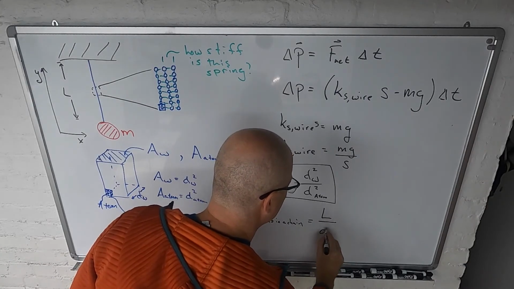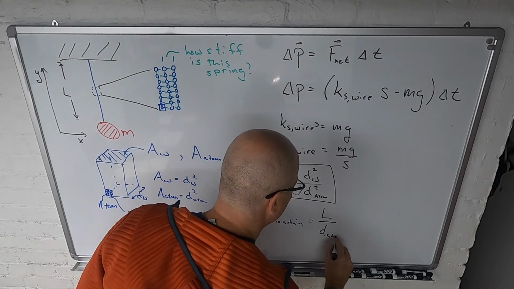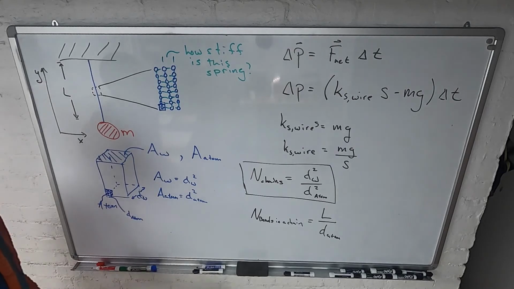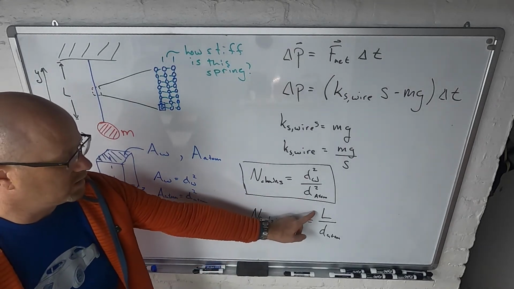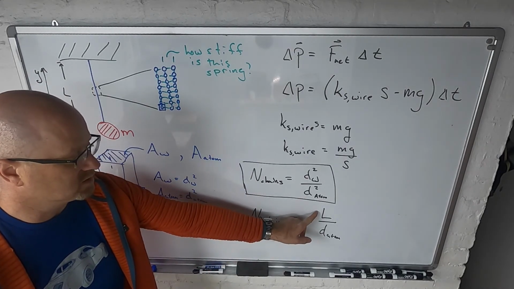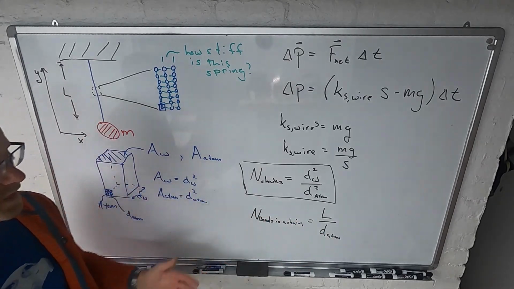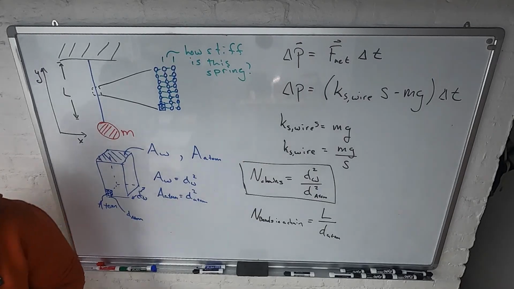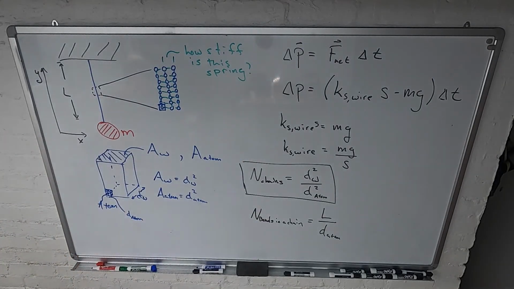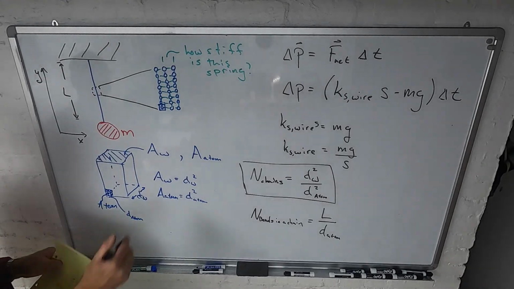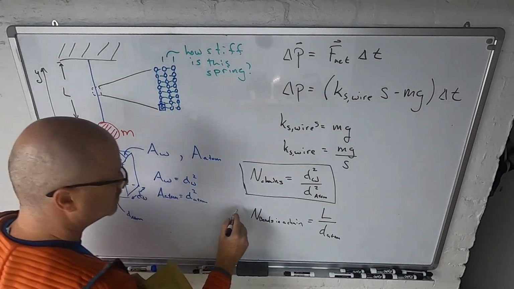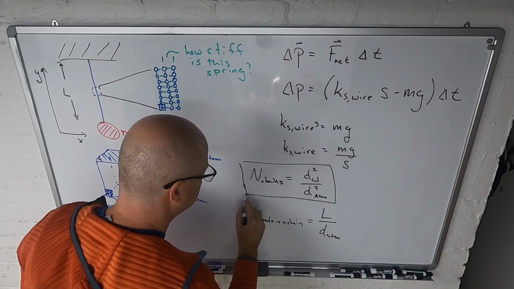L divided by D atom. That gives me a number. I've removed the units, right? This is a length, this is a length, this is a number. I divide them, I get a number: the number of bonds from end to end.